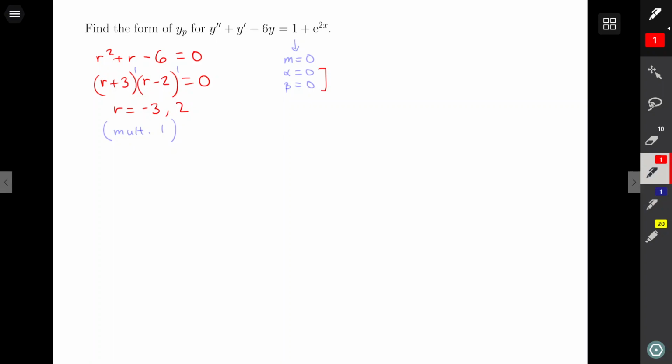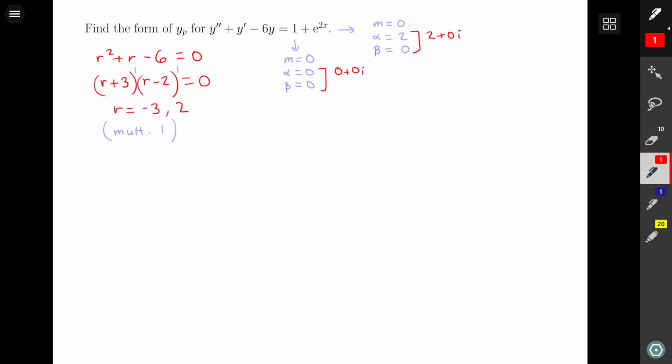Let's outline the exponential piece too before we jump ahead of ourselves. It also has m equals 0 because there's no polynomials there. It does have an exponential, alpha equals 2, but it doesn't have any trig functions, so beta is 0. So they're different alpha beta pairs, so we have to consider each of these independently.